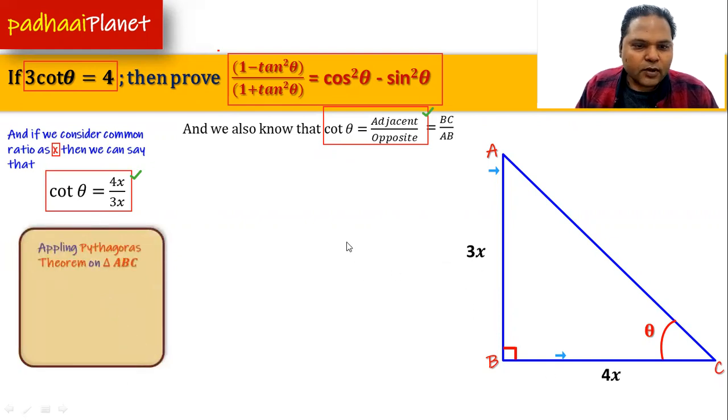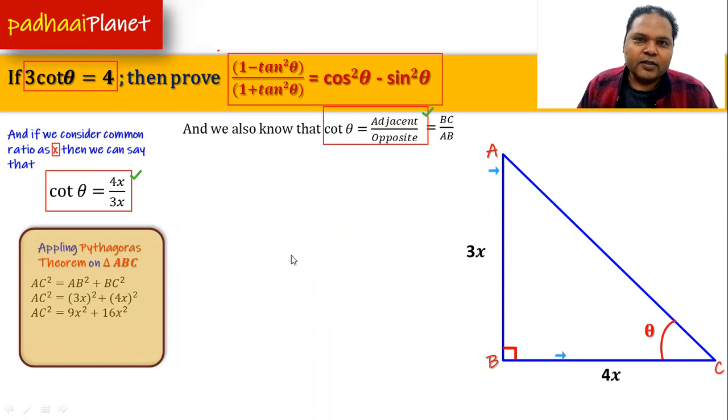Before we move ahead, we now need to find the value of the side AC. For that, we are going to apply the Pythagoras theorem, which is very simple. It says that AC square is equal to AB square plus BC square. Now let's put the values of AB and BC, that's 3x and 4x.